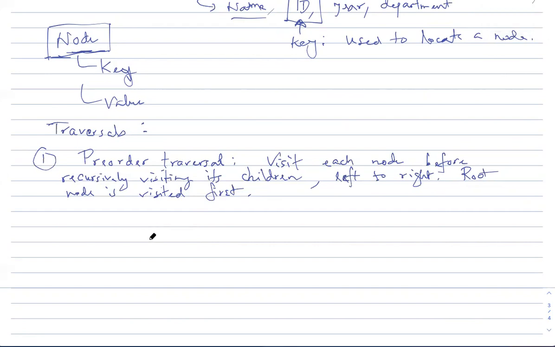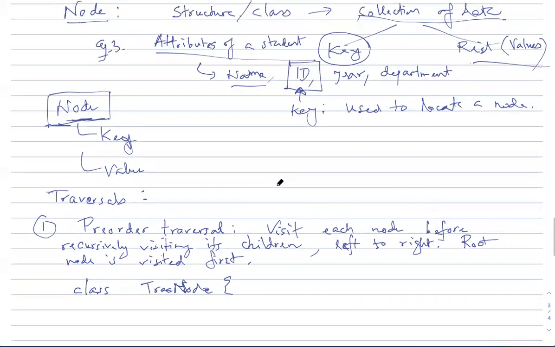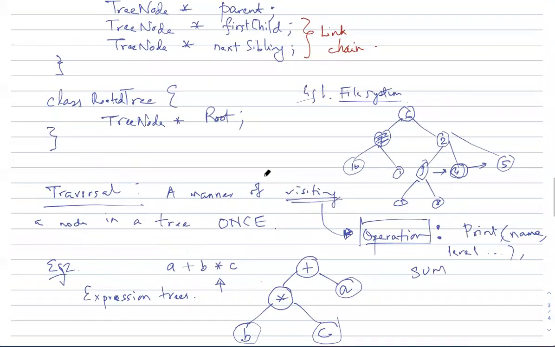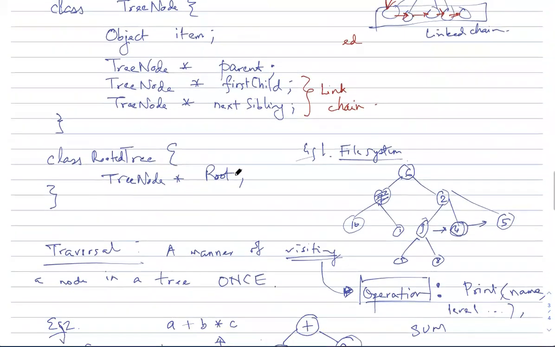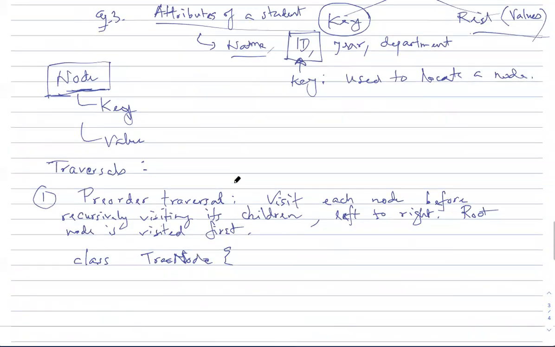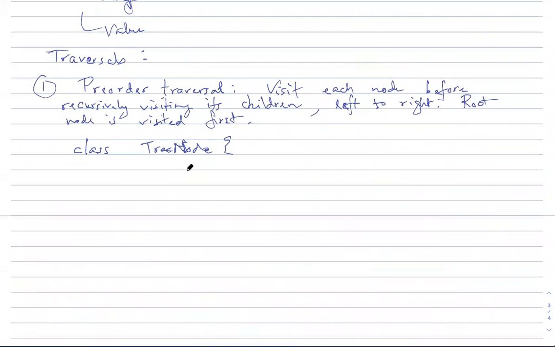Okay. So if we were to write a traversal routine, so let's say you had the tree node class. So above, you had the tree node class, right? I'm writing a function here, which is void pre-order.